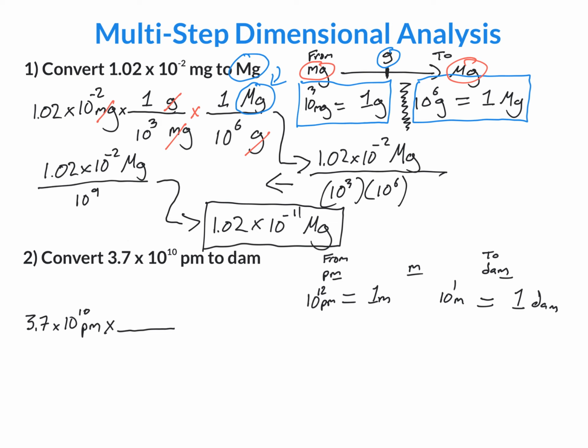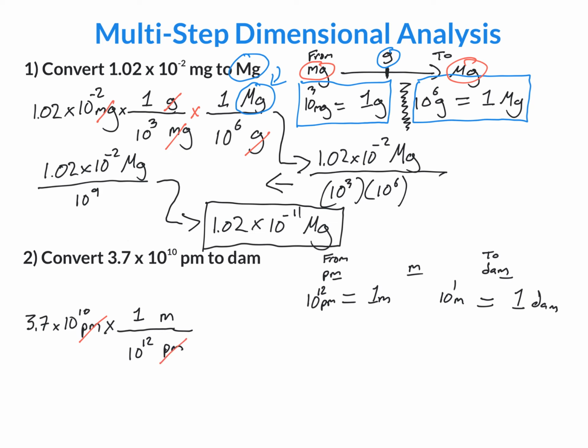So we write it. We then say, okay, picometers, here's our first conversion factor. That must mean 10 to the 12 is what I write alongside of it. Now, to finish off that conversion factor, we find out what it's equal to. That is 1 meter. And then we cancel that part of the problem. Cancel out picometers.